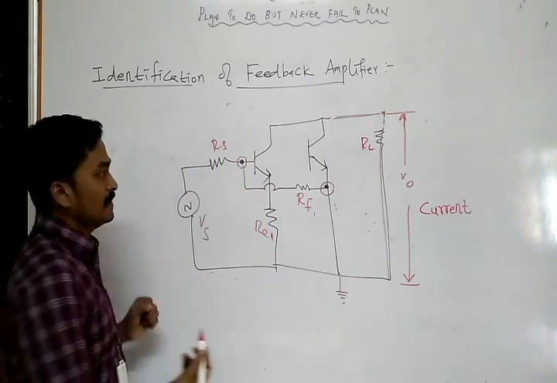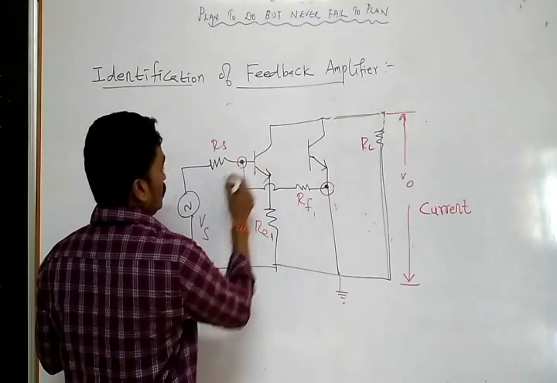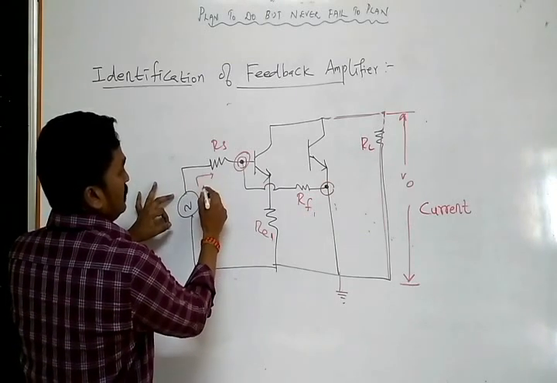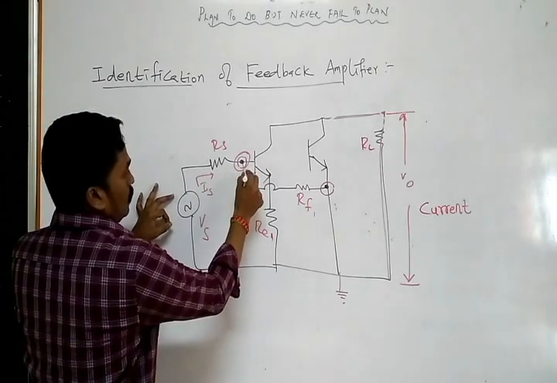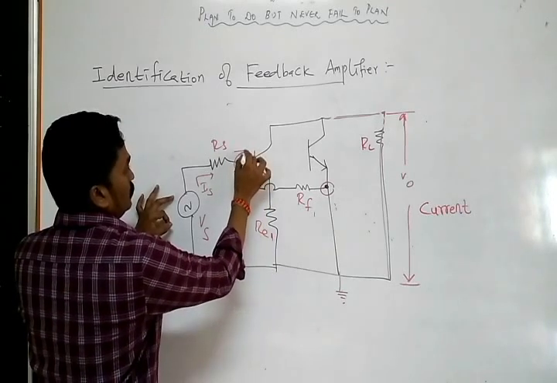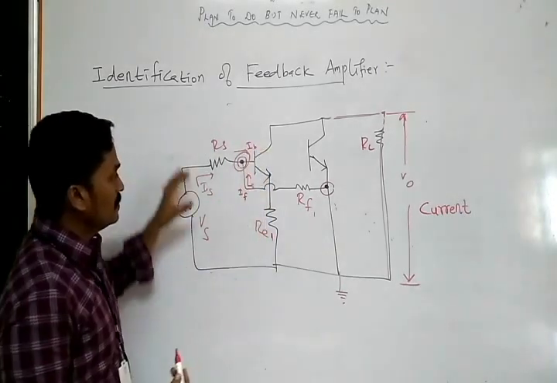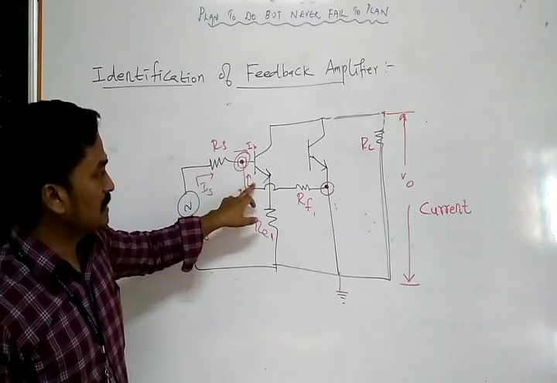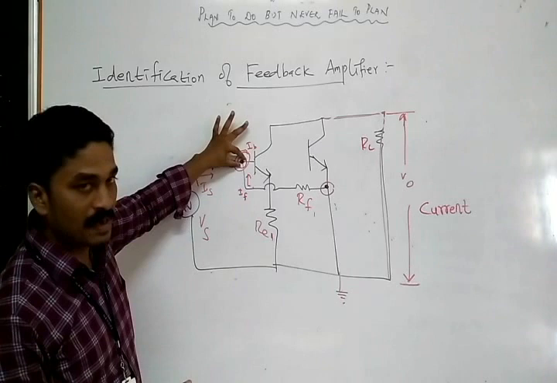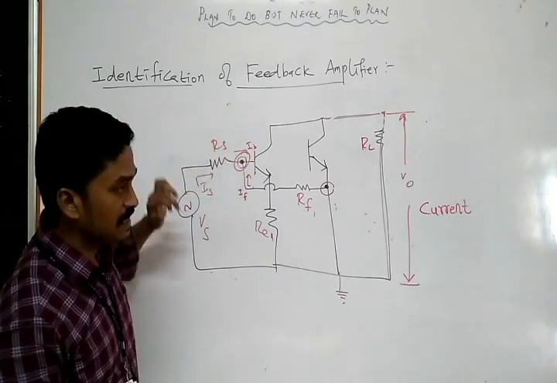And for the type of mixing, from this side to the source voltage, we have to apply KCL. This is IS, one current goes as IF, another one to the base terminal IB. So this cannot be subtracted as a voltage drop because this is a shunt connection, or parallel connection. We have to apply only KCL.